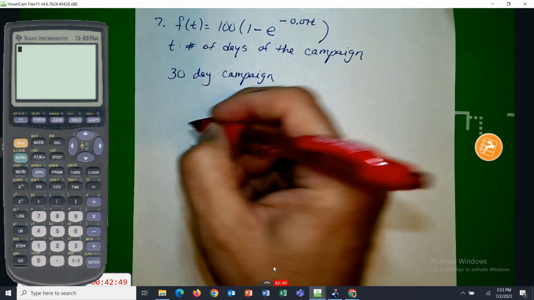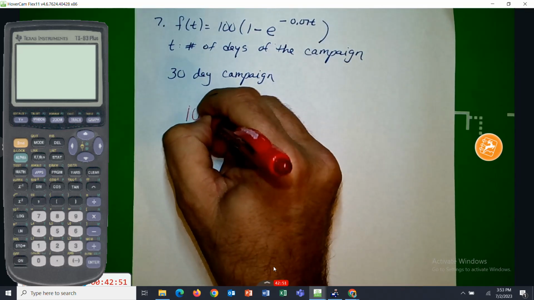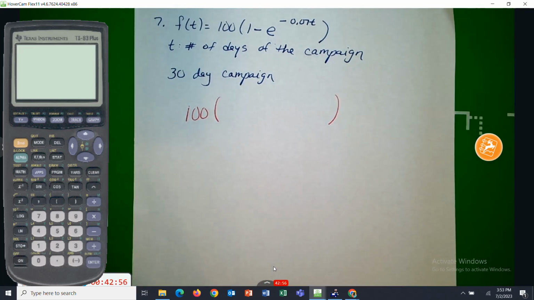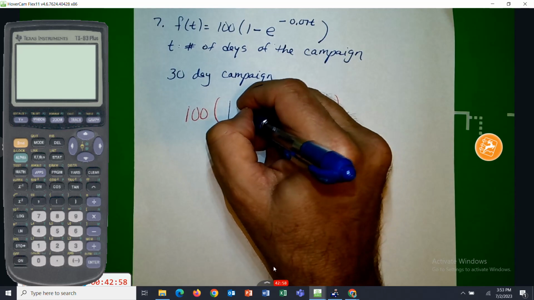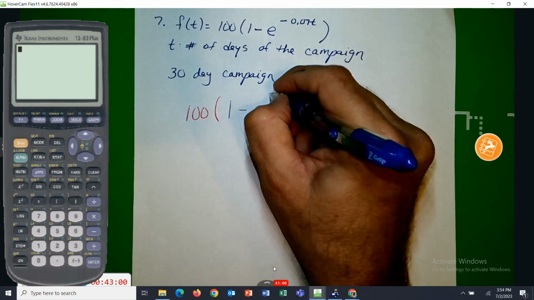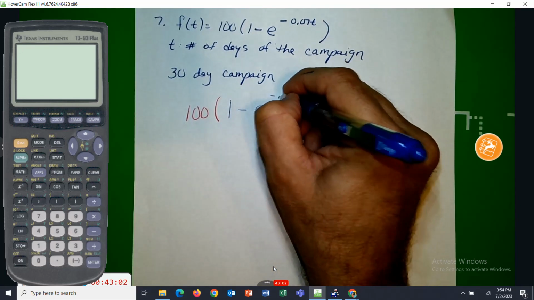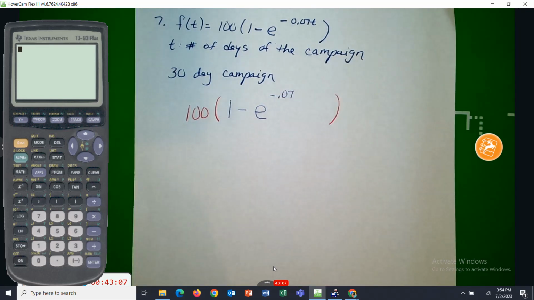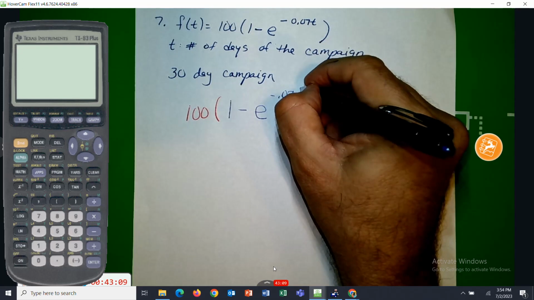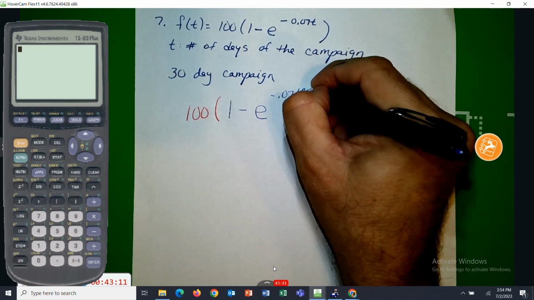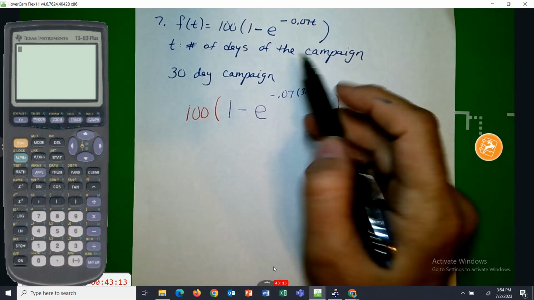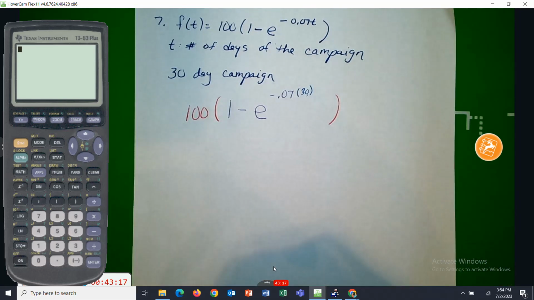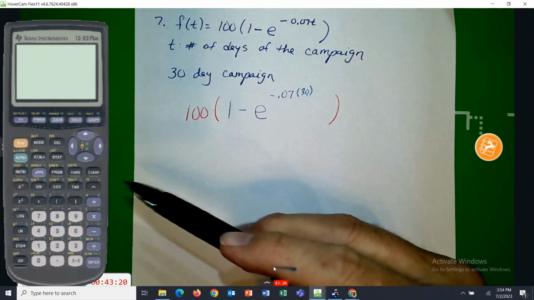So we're going to have 100 times 1 minus e to the negative 0.07 times t. I'm going to say times 30. We plug the 30 in for t. This is going to be a little messy. Okay?